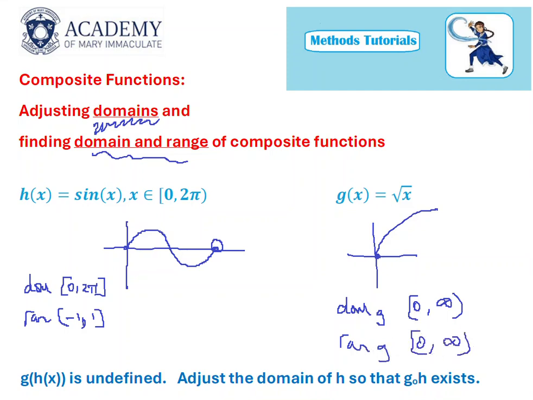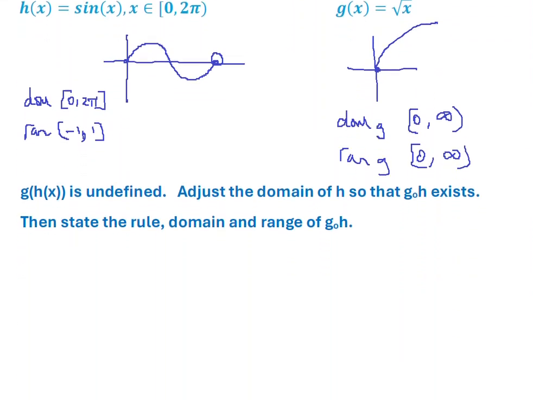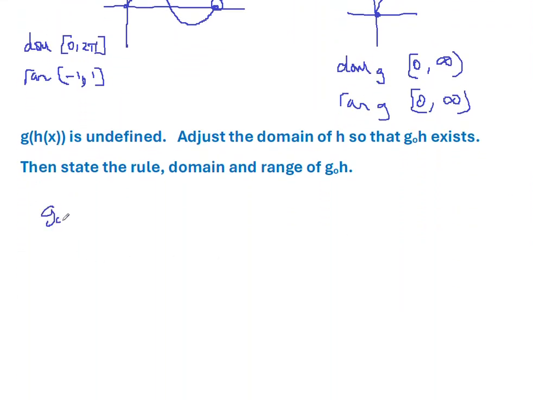Okay, so now we're looking at g of h of x. And for that to exist, the range of h has to be a subset of the domain of the outside, which is g.